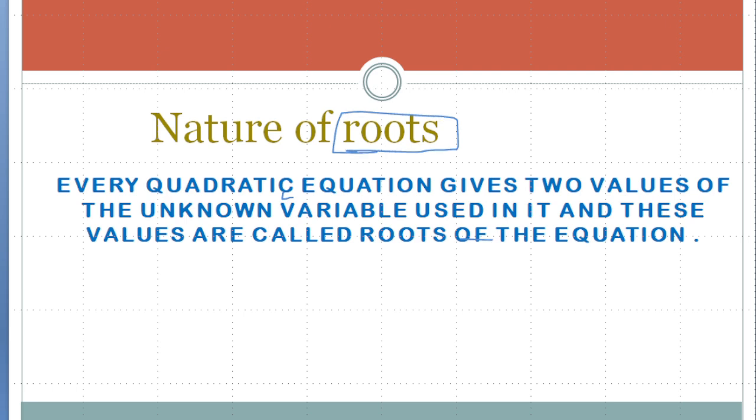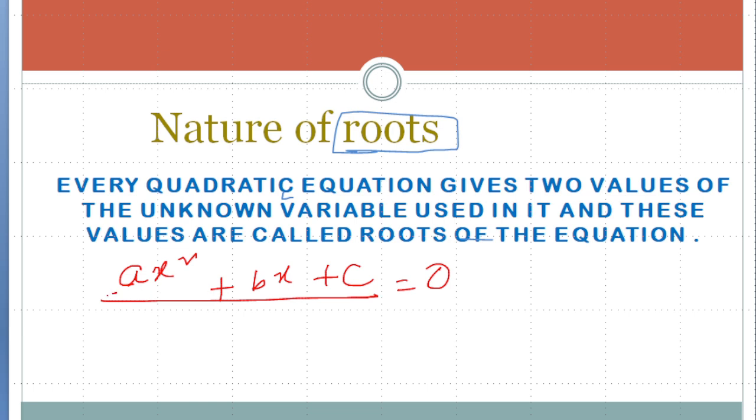Every quadratic equation gives two values of the unknown variable, and these values are called the roots of the equation. See carefully students, ax square plus bx plus c equals to 0 is the quadratic equation. Here two values will come to you, which we will see further by the discriminant.